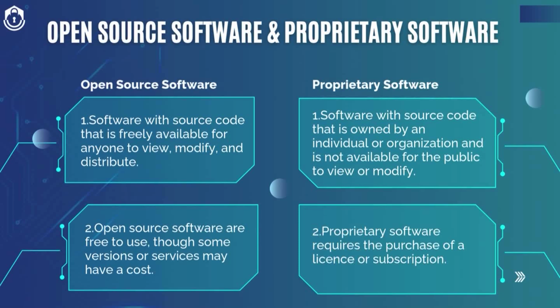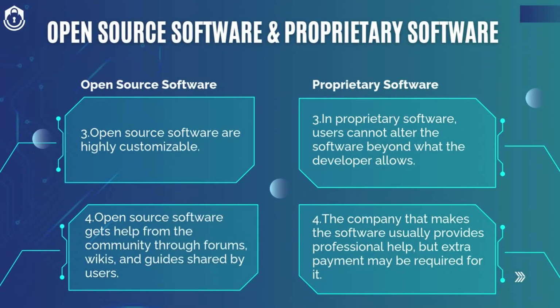On the other hand, proprietary software is software with source code that is owned by an individual or organization and is not available for the public to view or modify. Generally, open source software is free to use, though some versions or services may have a cost. On the other hand, proprietary software typically requires the purchase of a license or subscription.